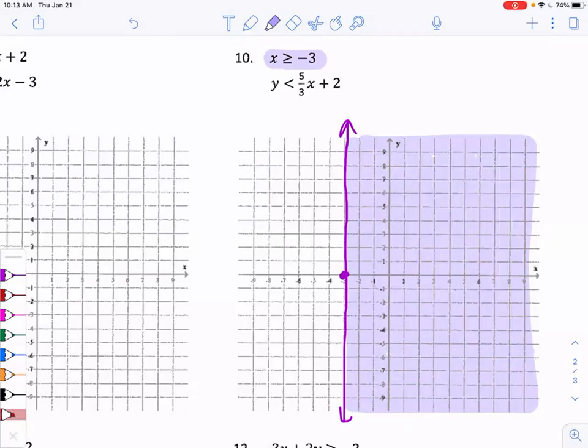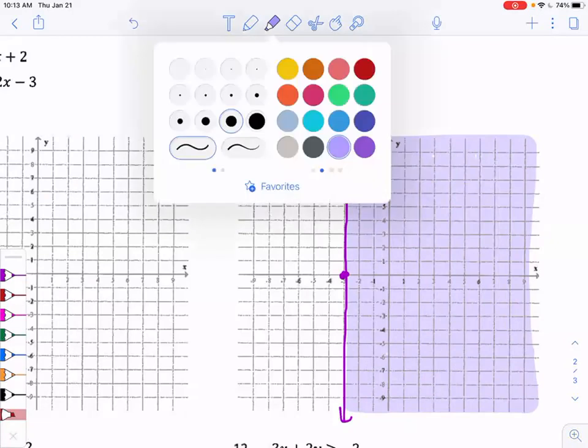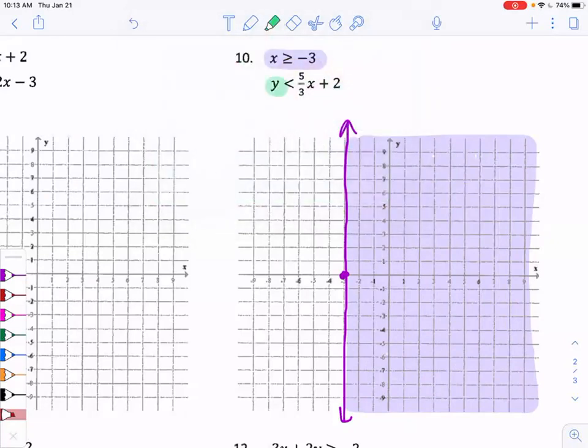Haley, where should I start to graph this second inequality? Yeah, you put a dot on +2, and then? Yeah, up 5/3. And you can also go down 5 and to the left 3.